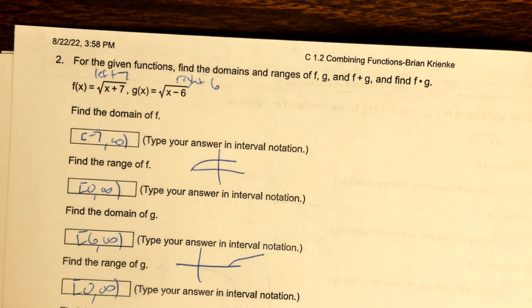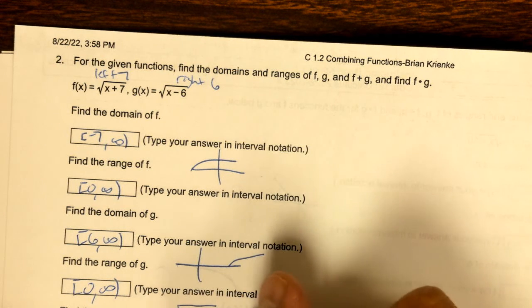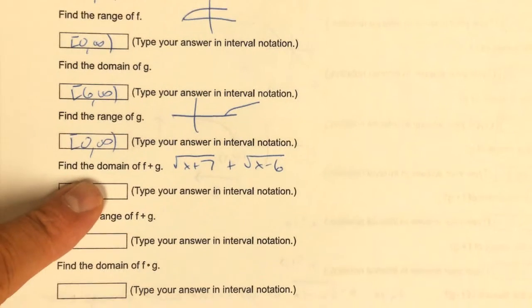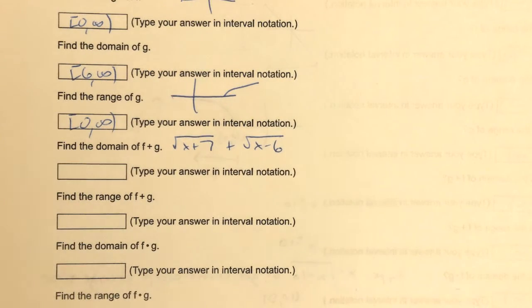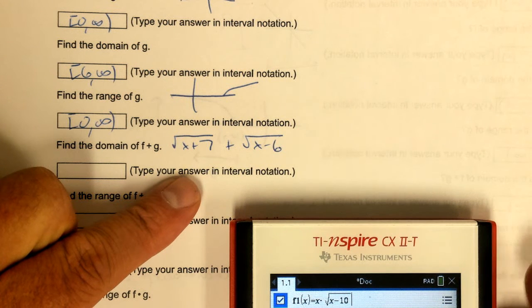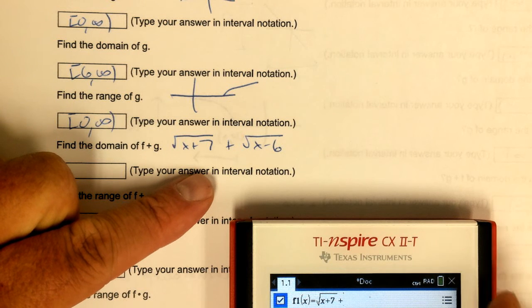Okay, now we're going to do f plus g, and that'd be the square root of x plus 7 plus the square root of x minus 6. So that's what we've got to put in our calculator. Square root of x plus 7, go outside it, to the right, then plus the square root of x minus 6.